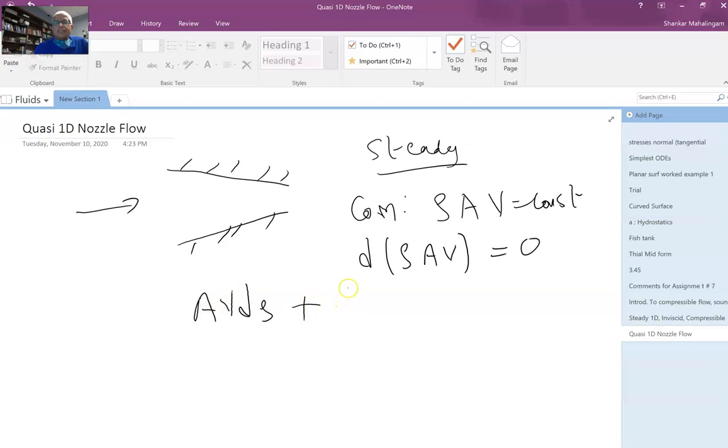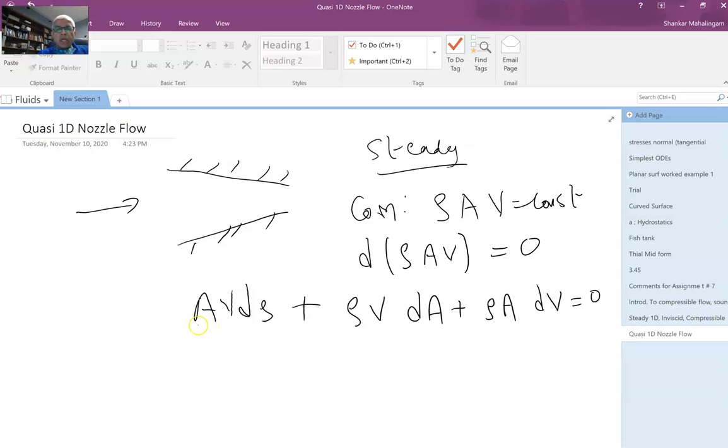The second term would be dA times rho V, and the third term would have a dV times rho A, equals 0. We are allowing the area to change, and that's what we mean by quasi one-dimensional flow.